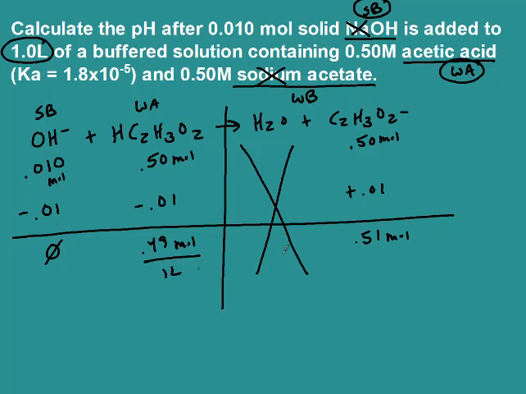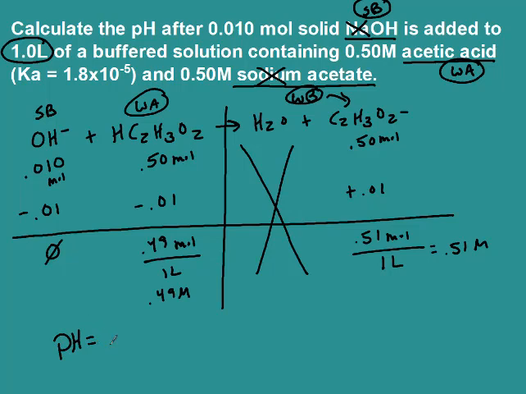Make sure you always divide by total volume at the end, which gives us the same thing in this case, but it's good practice to show that you're going back to molarity. So then always reassess. I have a weak acid and a weak base, so I now have a buffer. Since I have a buffer, I can use Henderson-Hasselbalch.